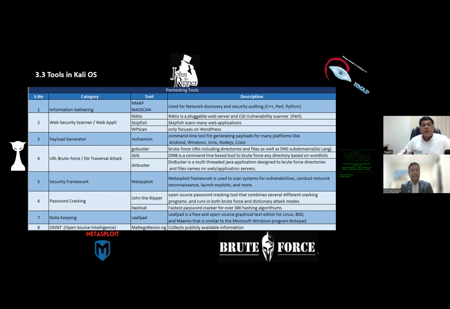Now, if you compare John the Ripper and Hashcat, I would always suggest you go for Hashcat because of the speed it has, and it has the capability to use your GPU power. So make sure you have strong hardware for this software. Moreover, it has more hashing algorithms as compared to John the Ripper.